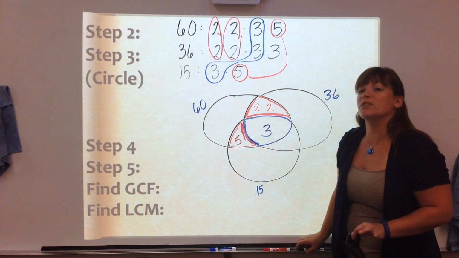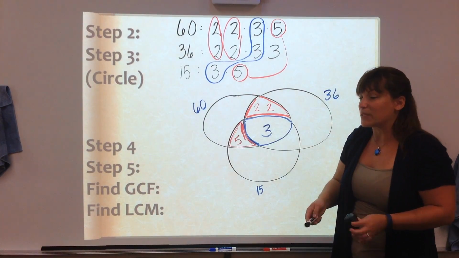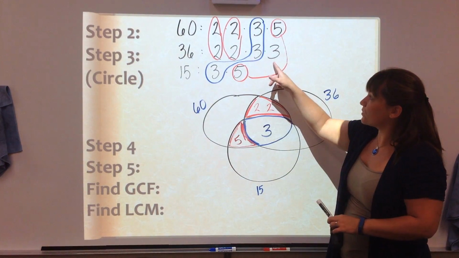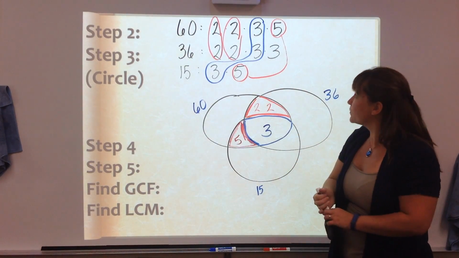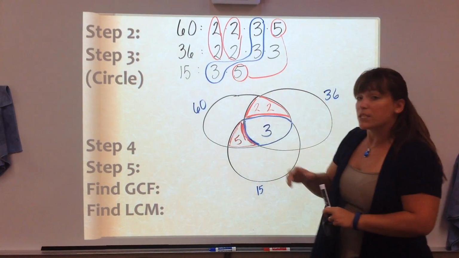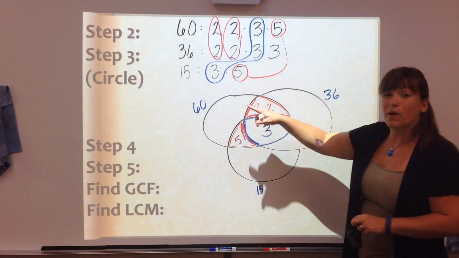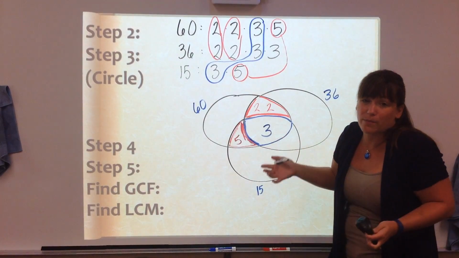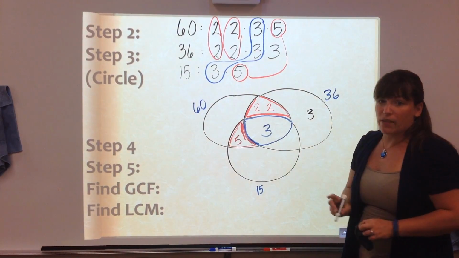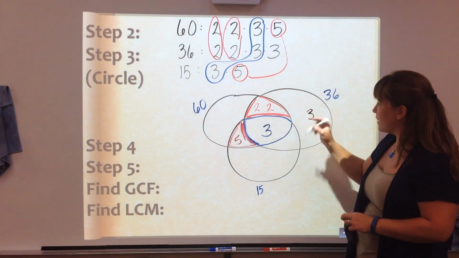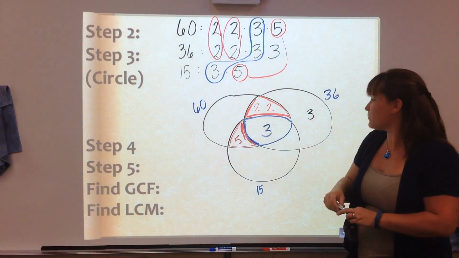The last thing you want to make sure is that there are no other numbers that have not been circled. This 3, if you look closely, this 3 we didn't do anything to. That 3 is in the 36 row. So way out here are the numbers that are all by themselves. They didn't get a pair, they don't have a match. Oh well, they're going to be alone for the rest of their lives. That 3 goes on the outer part of the Venn diagram.